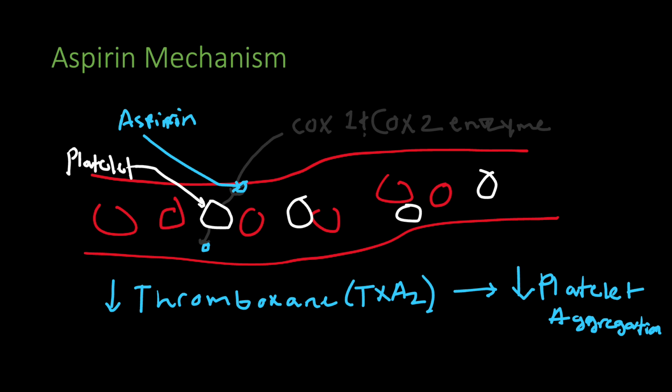These are where the COX-1 and COX-2 enzyme receptors are located, and then you can see the aspirin is bound to it, so it can prevent that platelet plug formation. And so whenever aspirin binds to it, thromboxane TXA2 is decreased, which will decrease the platelet aggregation.